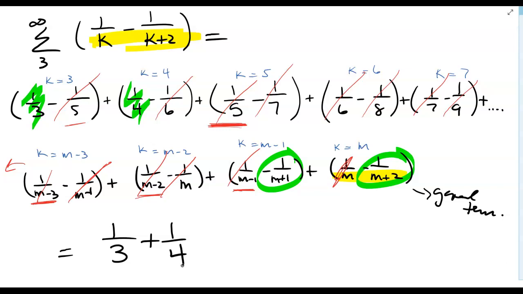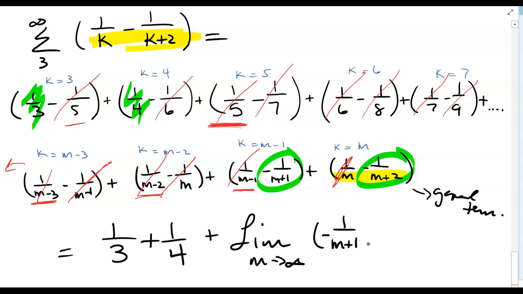Well, we need to take the limit of that, plus the limit as m goes to infinity, because remember, this is continuing off into infinity. And what do we have? We have a negative 1 over m plus 1 minus 1 over m plus 2.